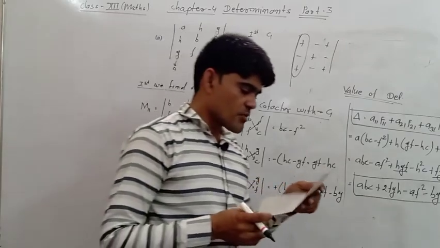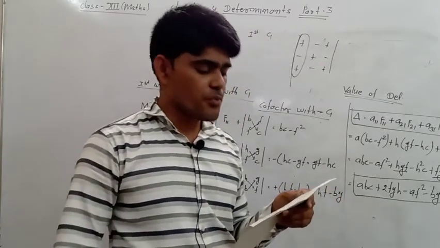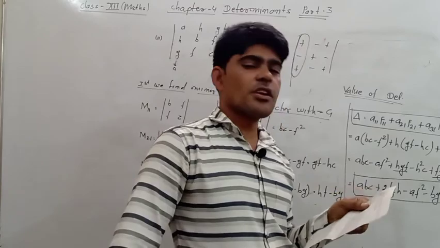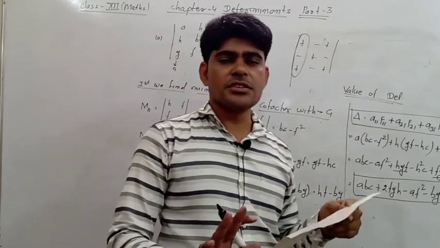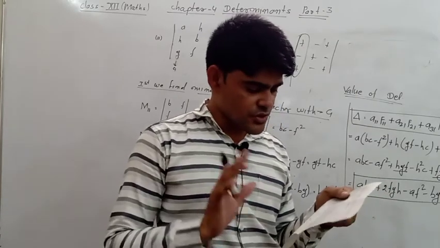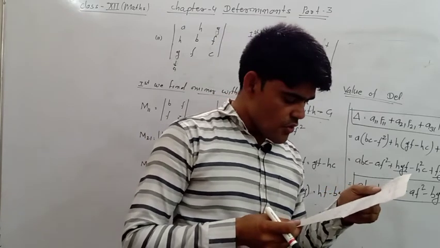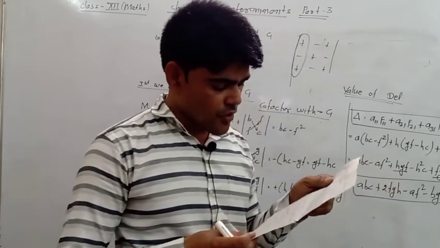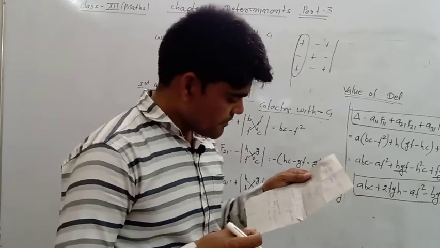Okay, this is question number 5 of exercise 4.1. Solve its first part yourself. There are two parts in this question. I will tell you an example for finding the cofactor.